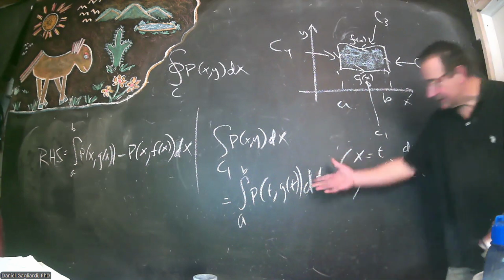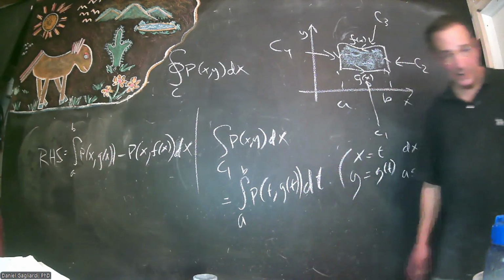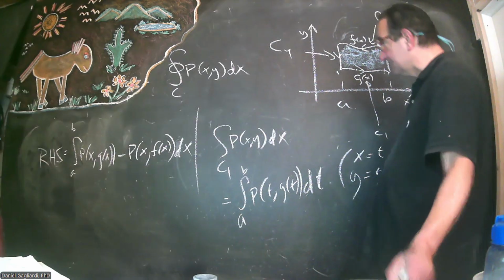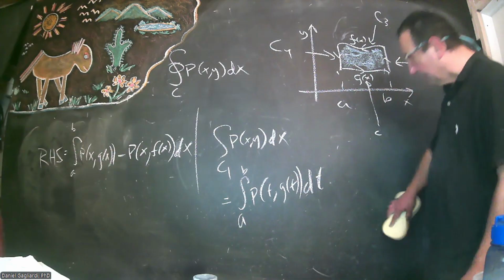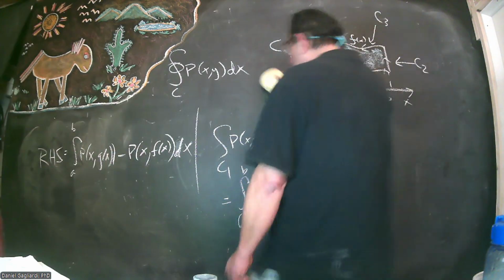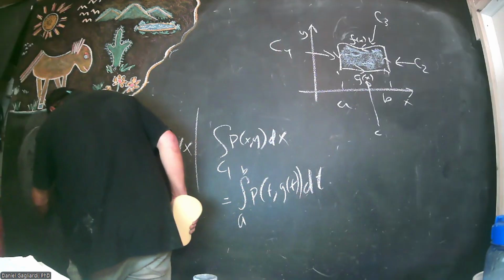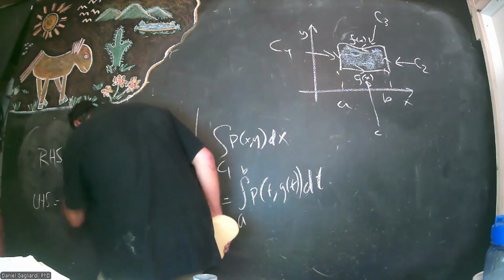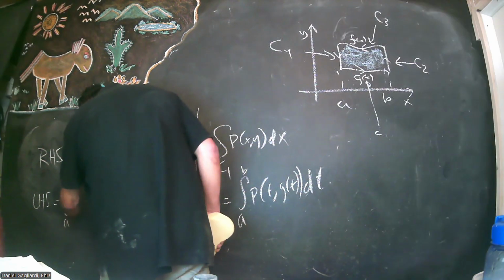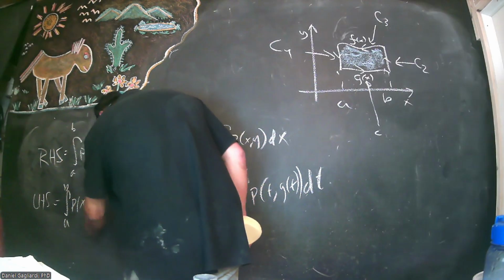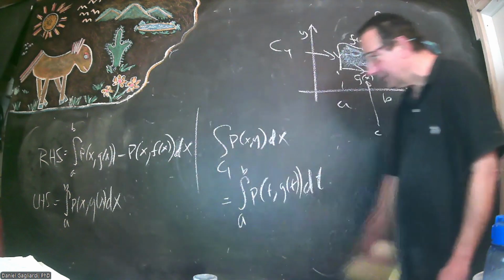Well, t is just a dummy variable, so we could just write this with respect to x instead. So far, for the left-hand side, we have the integral from a to b of P of x and g of x dx.